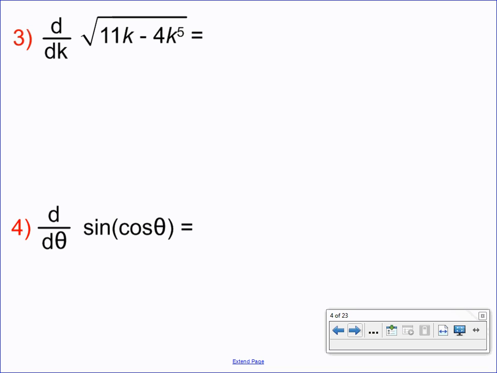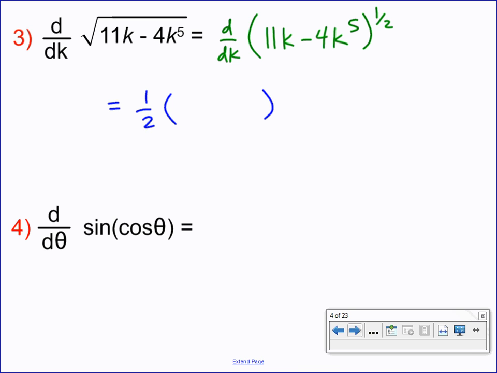And so what I might do before I differentiate is to rewrite, not differentiate, but just rewrite this as quantity (11k minus 4k to the 5th), all to the 1/2. By doing this, it's easy for me to see and apply my power rule. So now I'll go ahead and do exponent times the base raised to the 1 less.